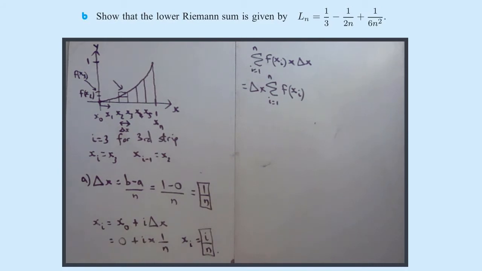Now remember, we can pick any xi within an interval, and for a lower Riemann sum, we're going to pick whichever xi makes this f(xi) as low as possible. So for the first strip, when i is 1, clearly if we pick x0, that's going to give us a much smaller area. Actually, it gives us no area in this case than if we pick x1.